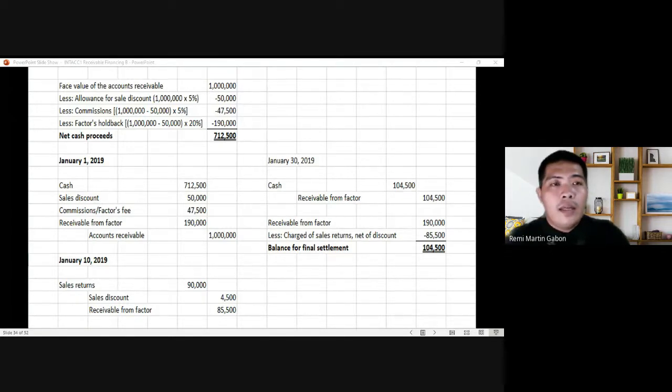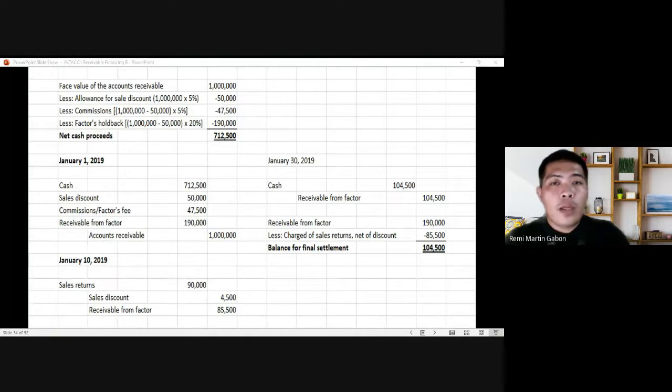To journalize our transaction for the factoring, on January 1, 2019, we debit cash for the net cash proceeds of 712,500. Debit sales discount, 50,000. Debit commissions or factors fee, 47,500.